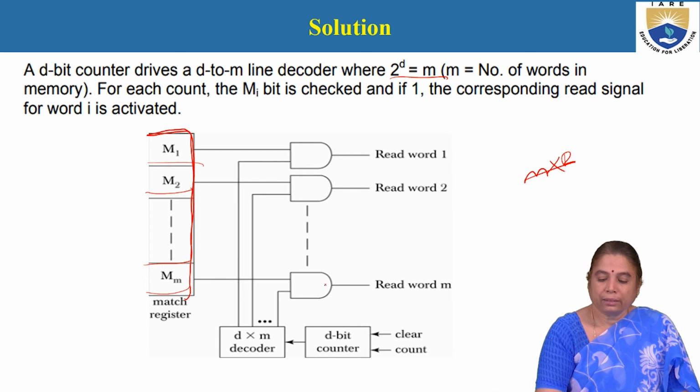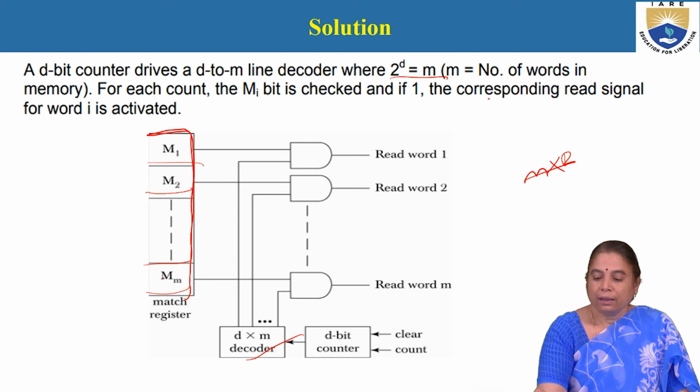The AND gates activate the decoder whenever the match and key value is 1. To do that, the D to M decoder is required.